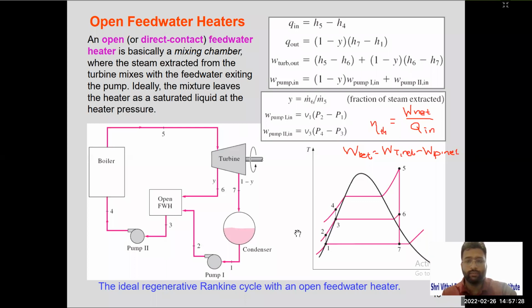Draw both the diagrams and write down the formulas. Net efficiency will be W net divided by Q in. W net will be total turbine work minus total pump work.